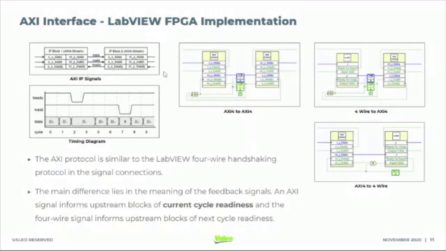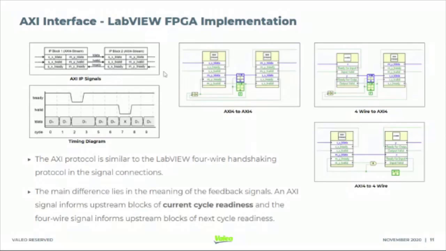This is quite similar to the 4-wire communication protocol, if you are aware of that. But the difference is that the AXI interface informs about the current cycle readiness, in a single cycle loop, as against the 4-wire, which informs the upstream block about the next cycle readiness.